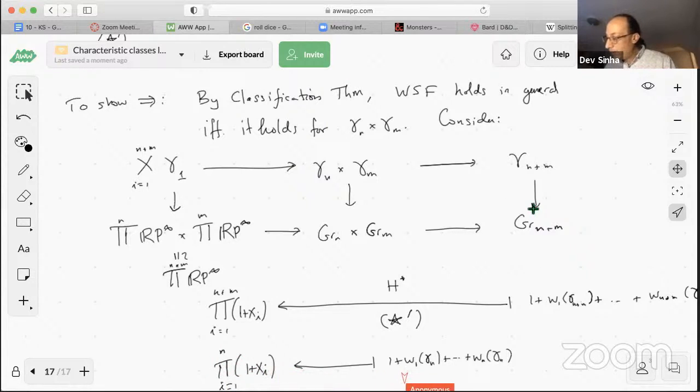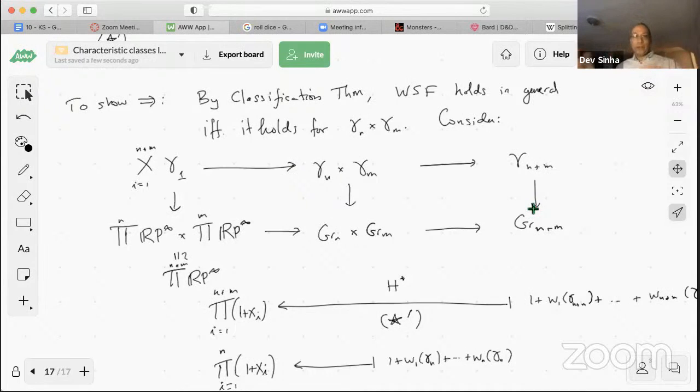And we can look at this. And the point is that that's going to go to the second factor of RP infinities. That's how we've defined the maps. Maybe I didn't say that, but we're going to classify these products of line bundles on the individual Grassmannians first.